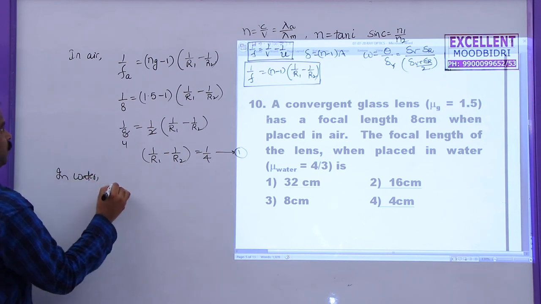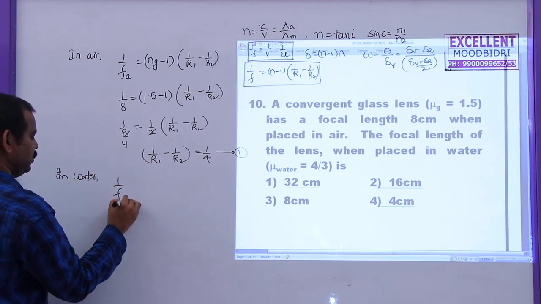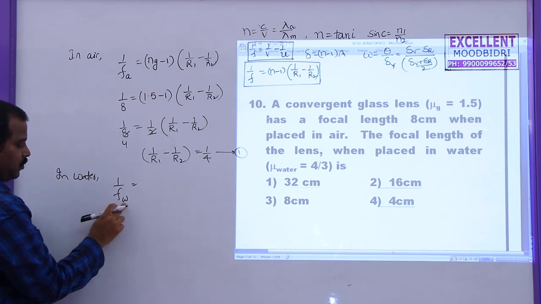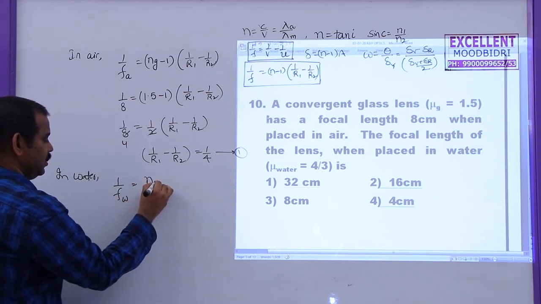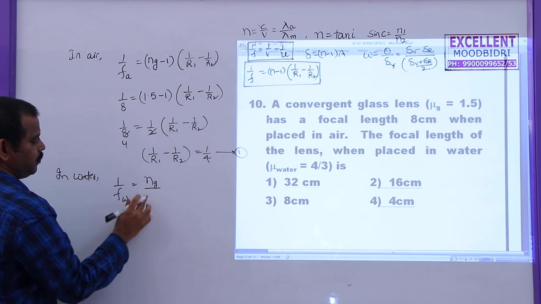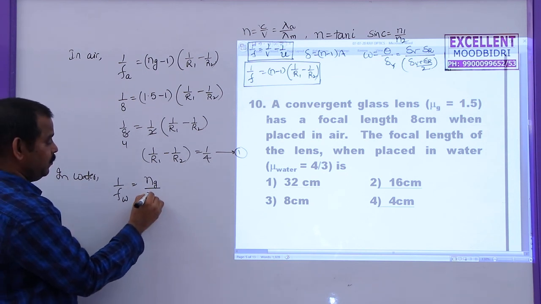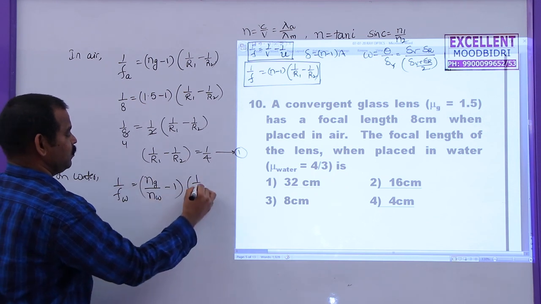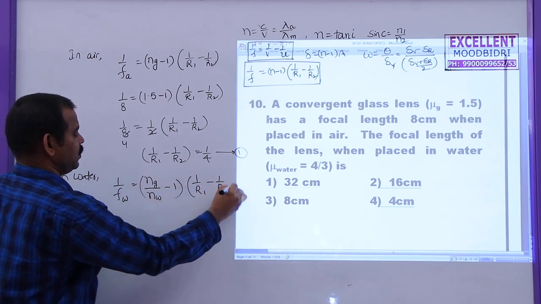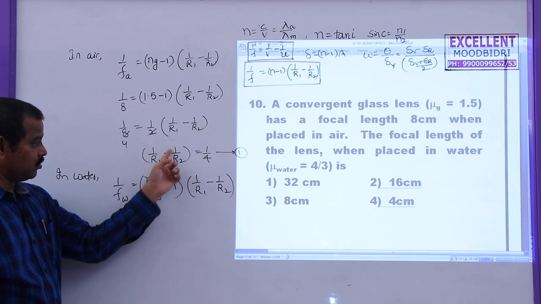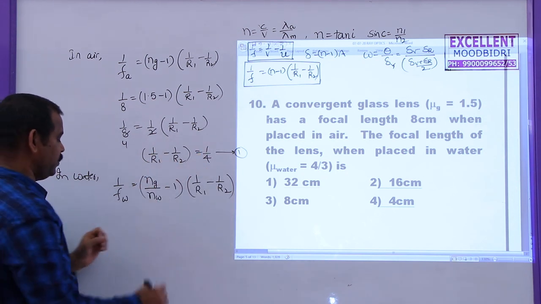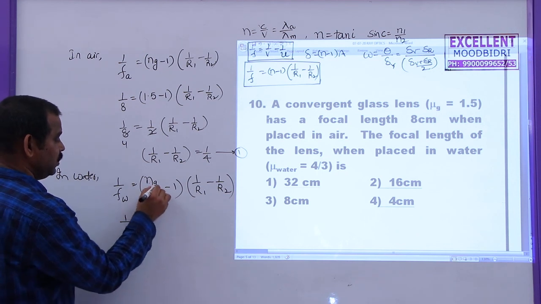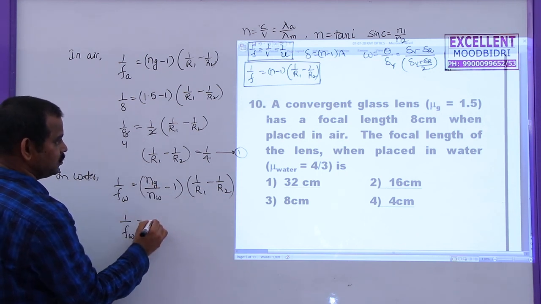Now, when it is placed in water, the formula will become 1 by f in water. That is focal length when placed in air, and this is focal length when placed in water. This is refractive index of the material of the lens by refractive index of the water, minus 1, into (1 by r1 minus 1 by r2). What is 1 by r1 minus 1 by r2 from the first one? This is 1 by 4. So 1 by focal length of lens in water is, in glass the refractive index is 1.5.